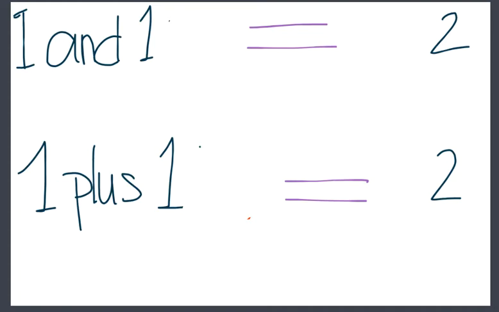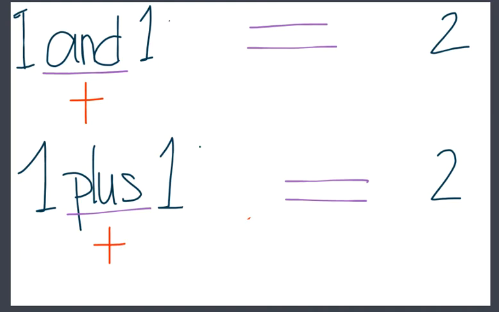Which symbol can replace the words and or plus? That's right, the plus symbol or the plus sign.